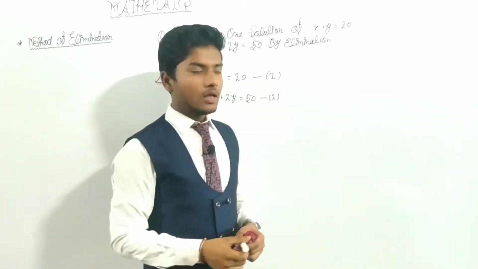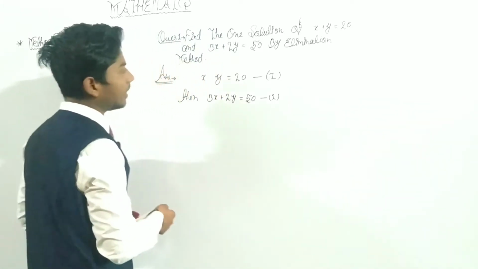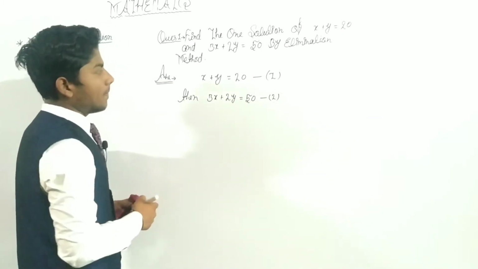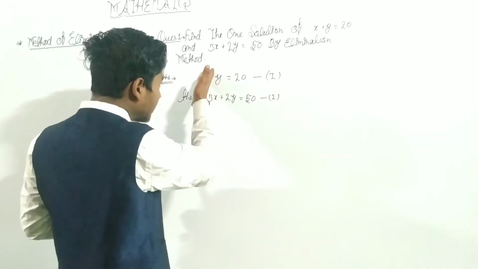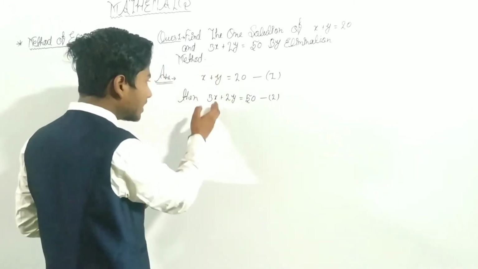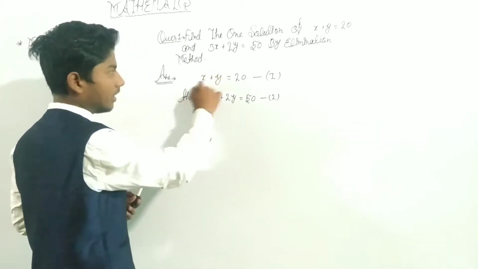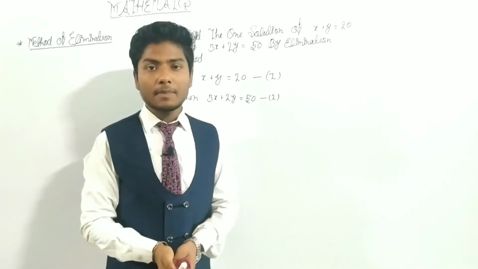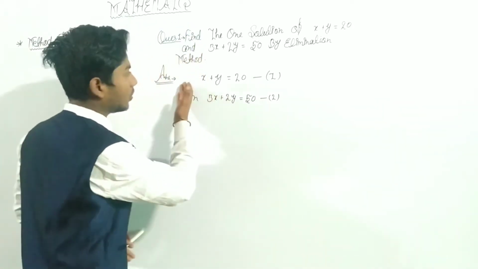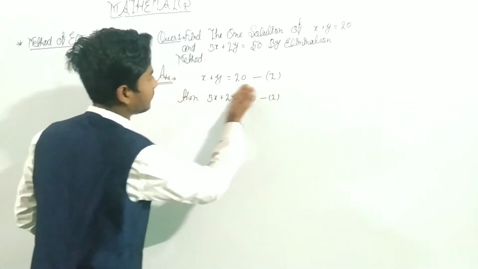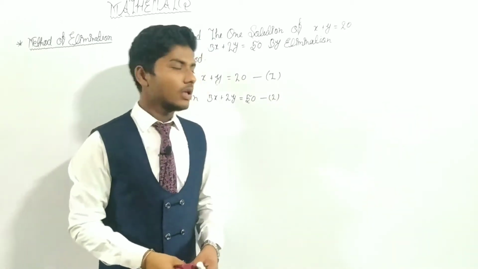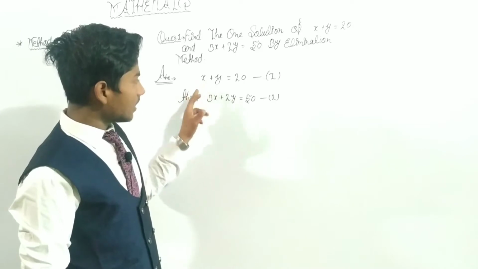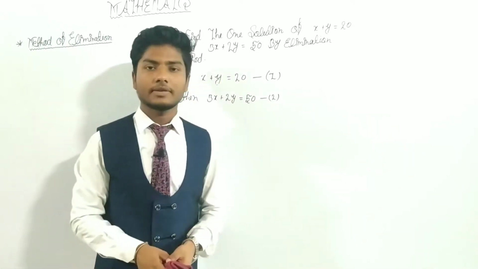Now we multiply equation 1 by 3 so that the step is the same in equation 1 and equation 2.